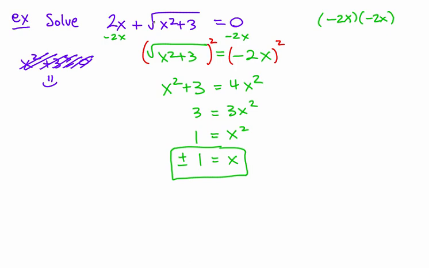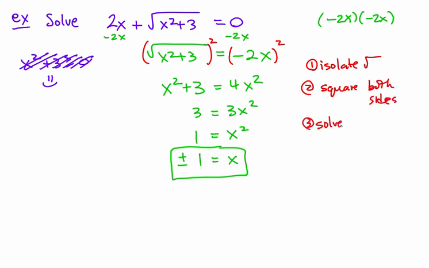So I did step 1, which is isolate the radical. I did step 2, which was to square both sides. I solved, and now I need to check. And there's a couple ways. You could check with the restrictions, in which case, yay, there weren't any restrictions. The other option is put the numbers back into the original equation.